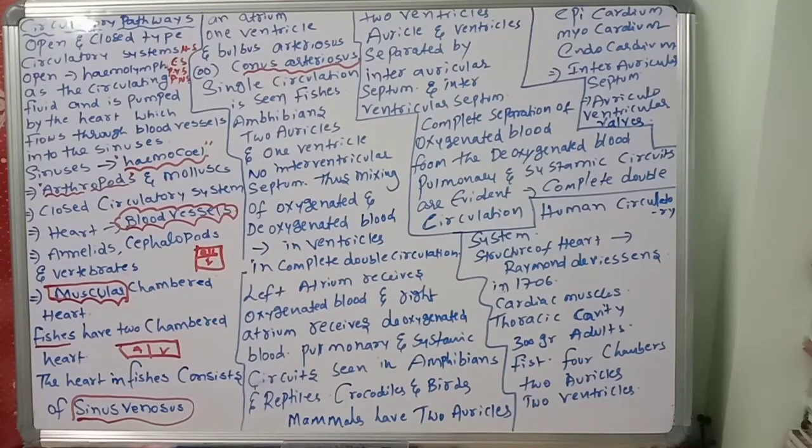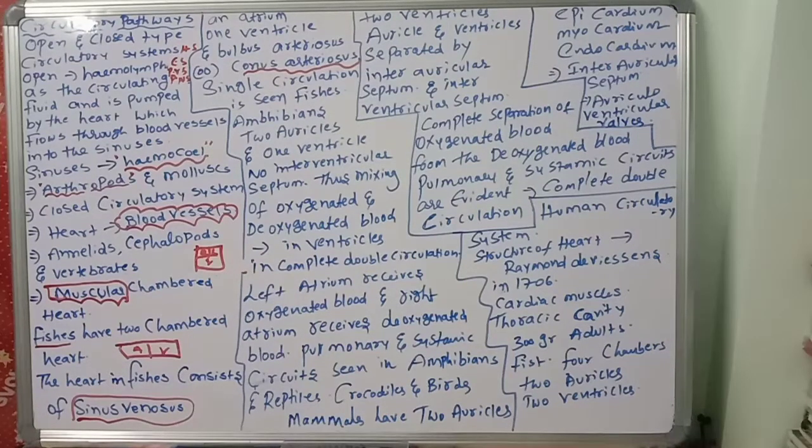Pulmonary circuit means the lung is involved and deoxygenated blood is there. Systemic circuit means pure, oxygenated blood moves from the lungs to the left auricle to the left ventricle, and from the left ventricle to the body parts. Pure oxygenated blood, systemic circuit. Deoxygenated blood, pulmonary circuit. Together called double circuit circulation.